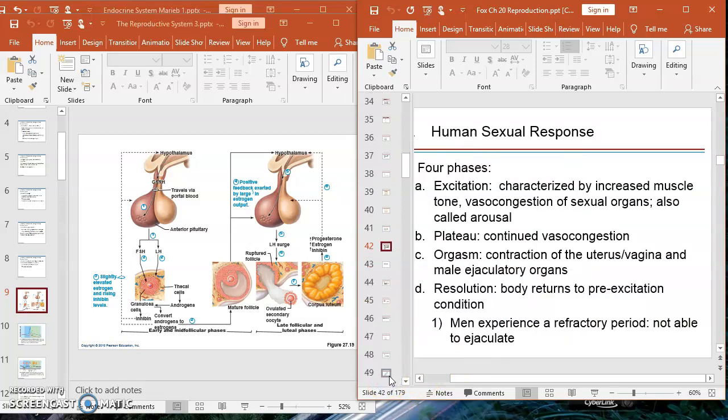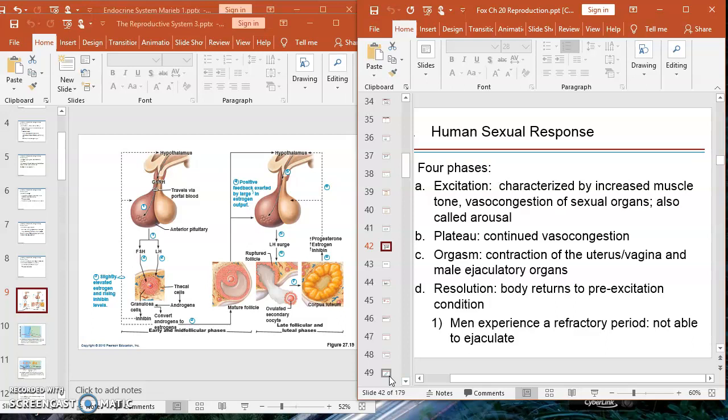Now, the human sexual response, Masters and Johnson were researchers that did a lot with this. So you have really the excitation phase. That's where the clitoris will start to enlarge or the penis will start to enlarge. The person gets excited.